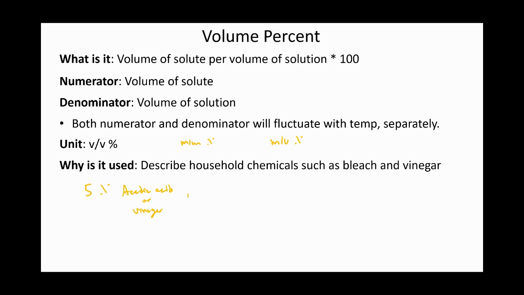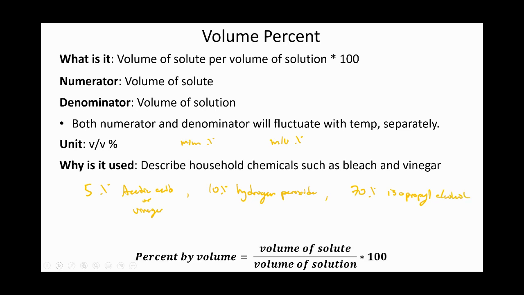Or we're trying to clean our cuts, so we'd use a 10% hydrogen peroxide solution. And then after we use that hydrogen peroxide, maybe we want to sanitize it, so we use 70% isopropyl alcohol. So these are actually units you've seen before in your everyday life. And so here is just that same type of description for that unit.